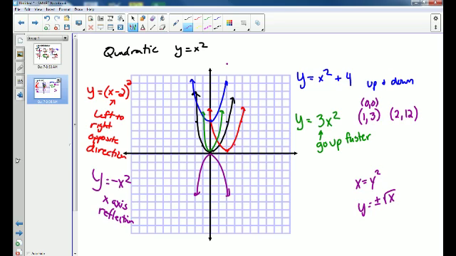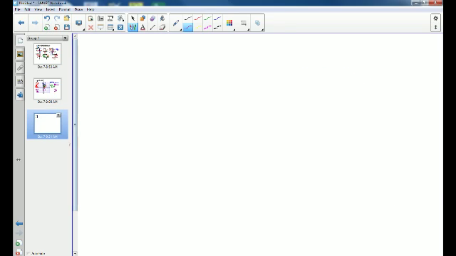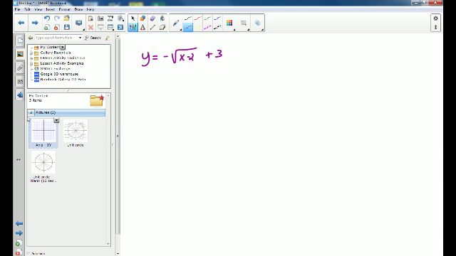Let's try another one. Different family, obviously. Different parent function, same procedures to graph it.